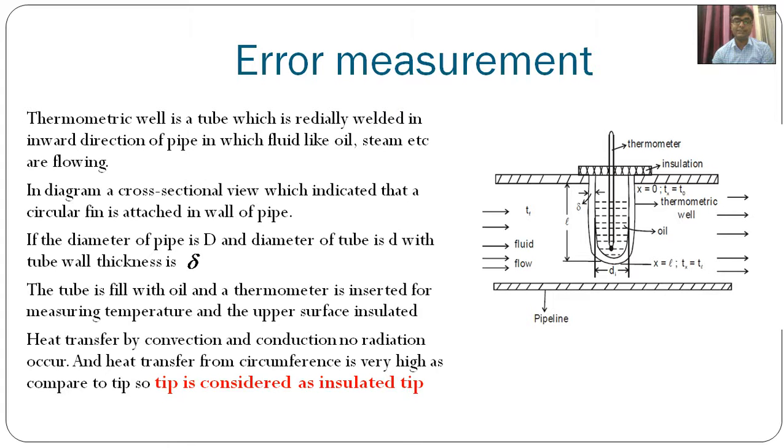So for analysis purpose, we consider this tip as insulated because the rate of heat transfer through the tip is very low as compared to the rate of heat transfer through the vertical walls, so we consider the case of insulated tip for finite fin. So it's a case B.